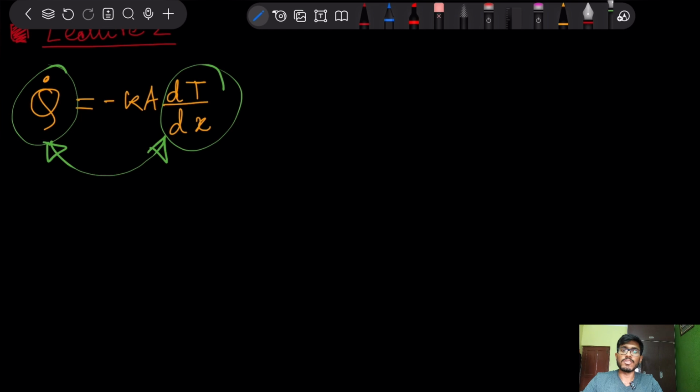To know that, we need to know the temperature profile, and to know the temperature profile you need to solve the governing equation for temperature, either analytically or by a suitable numerical method, which comes under the area of computational fluid dynamics.